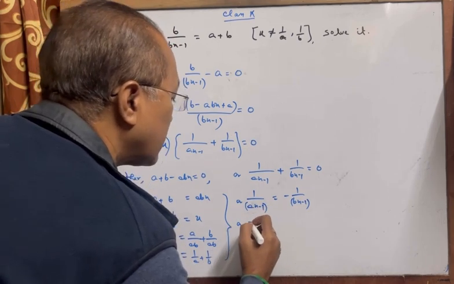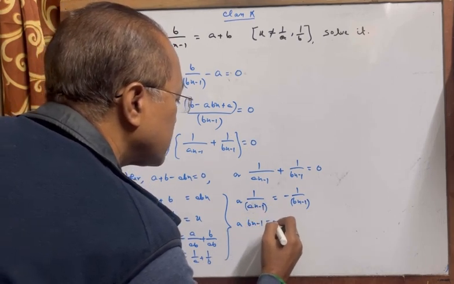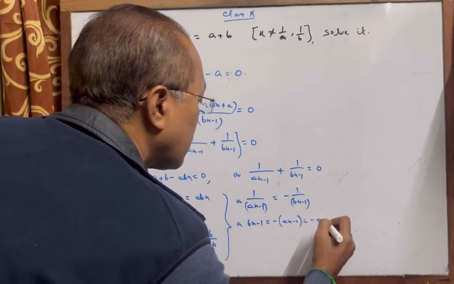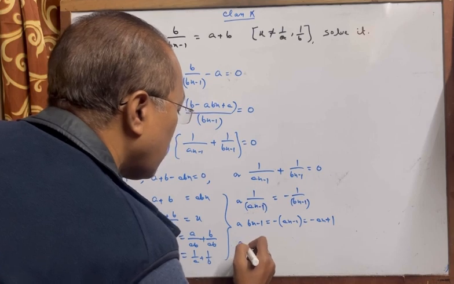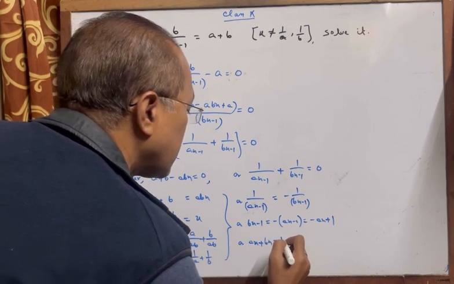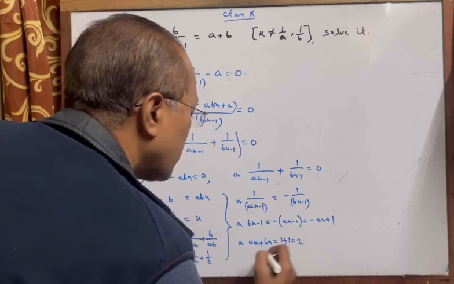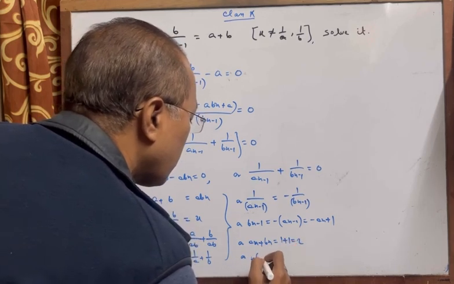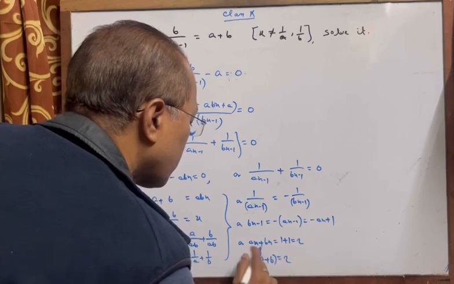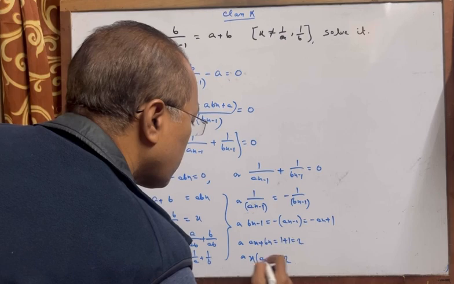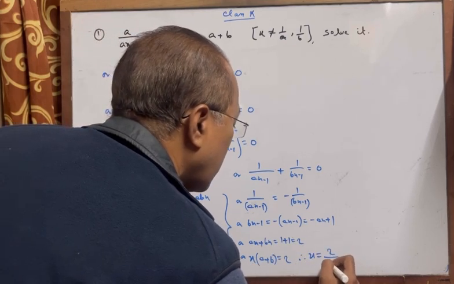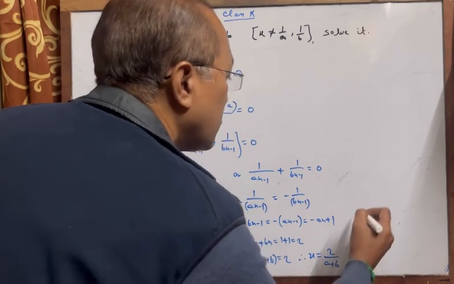After cross multiplication, this becomes minus ax plus 1, or we can say ax plus bx is equal to 2, therefore x is equal to 2 by (a plus b).